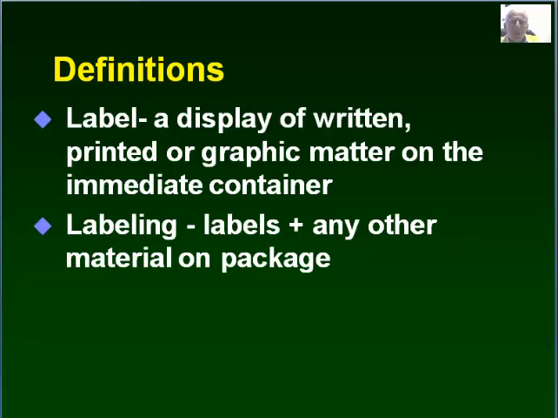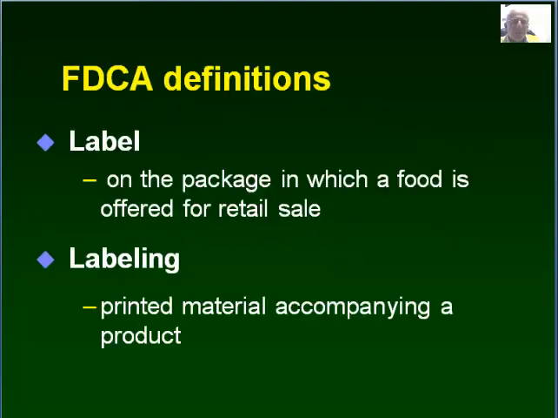We see this quite often with products that are being processed in small kitchens, products that are being manufactured in Maine for sale to consumers. So if we look at the Federal Food, Drug, and Cosmetic Act actual definition for label, on the package in which the food is offered for retail sale, that's the label. Labeling is the printed material accompanying a particular product.